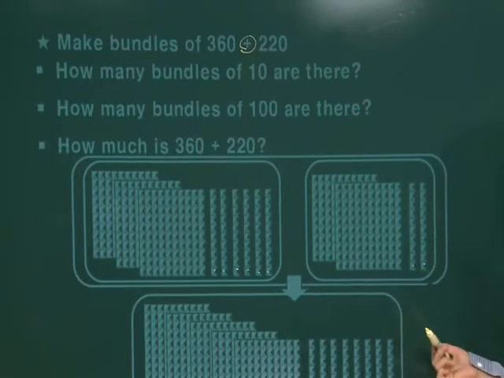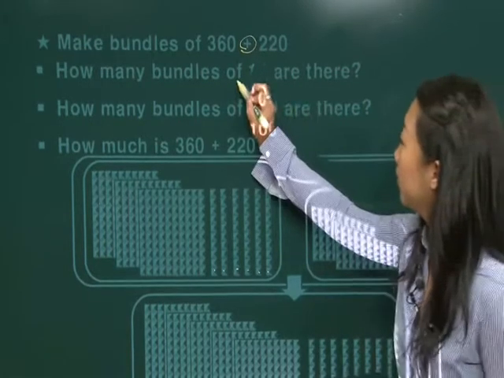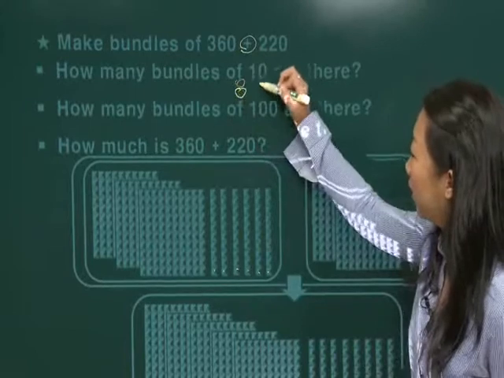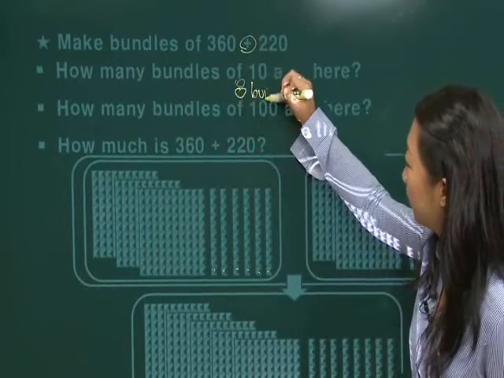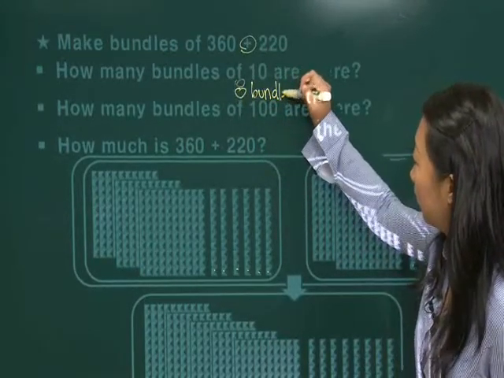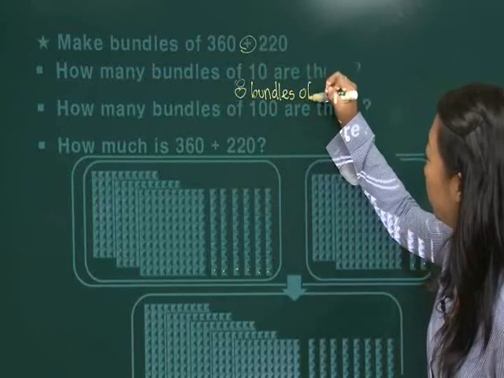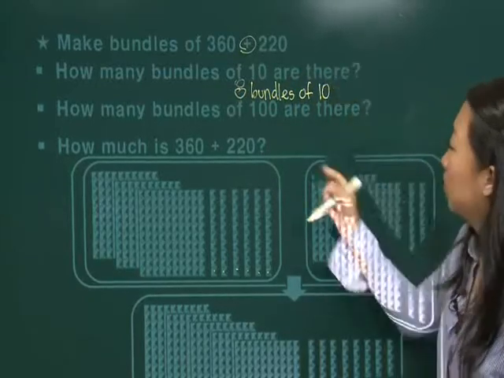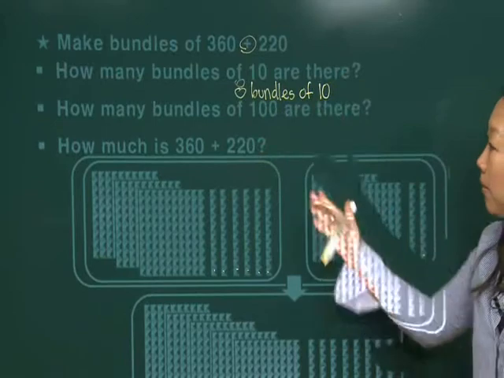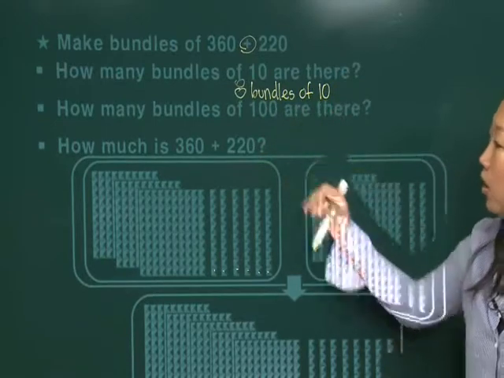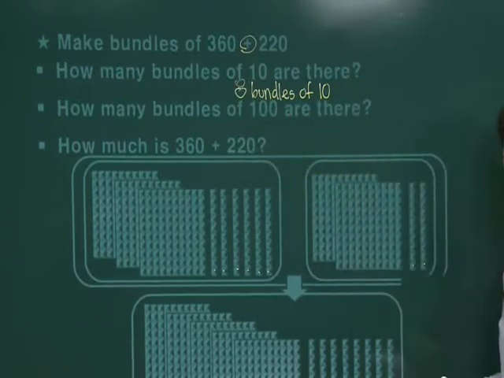So how many bundles do you have? I have 8 bundles of 100? No, 8 bundles of 10. Don't forget your units. So there are 8 bundles of 10.